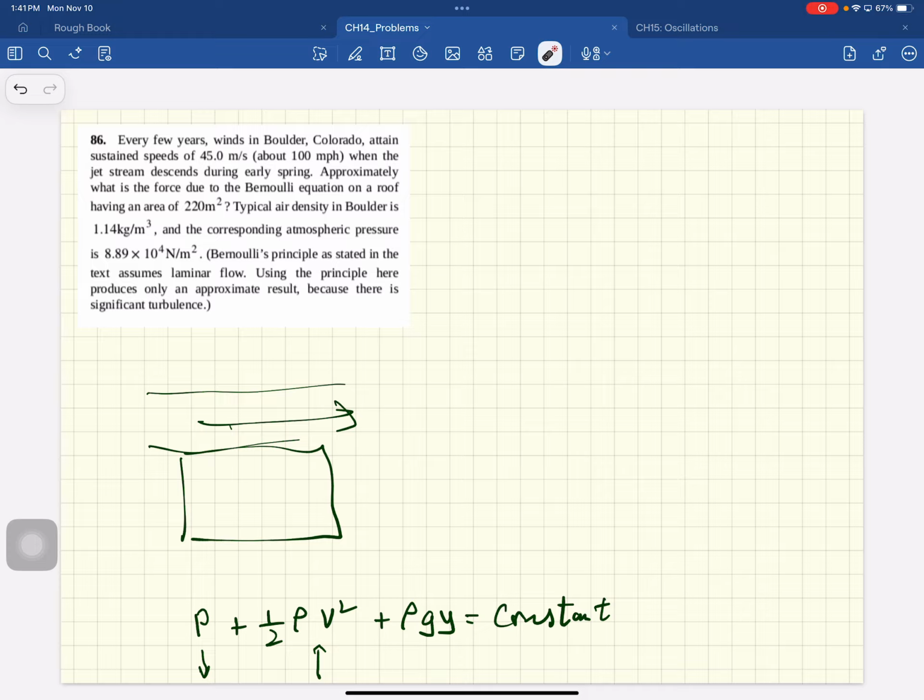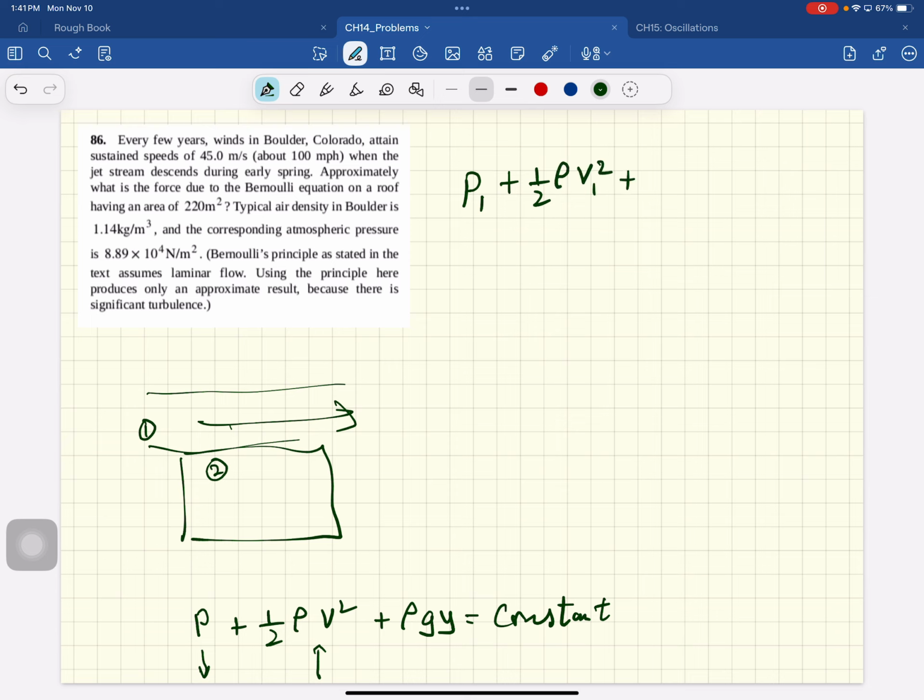Now let's calculate this. We'll say this is location 1, location 2. Pressure at location 1 plus 1/2 rho V1 squared plus rho G Y1 equals pressure at location 2 plus 1/2 rho V2 squared plus rho G Y2.